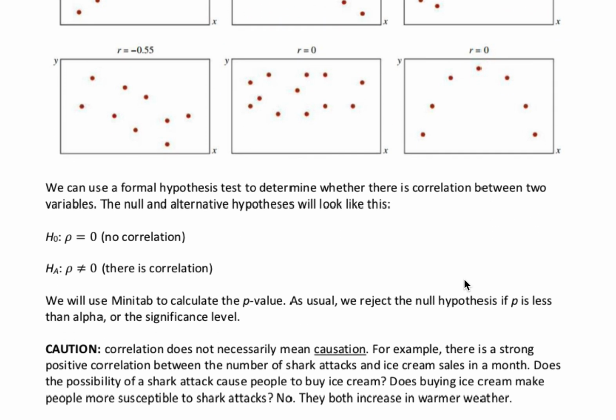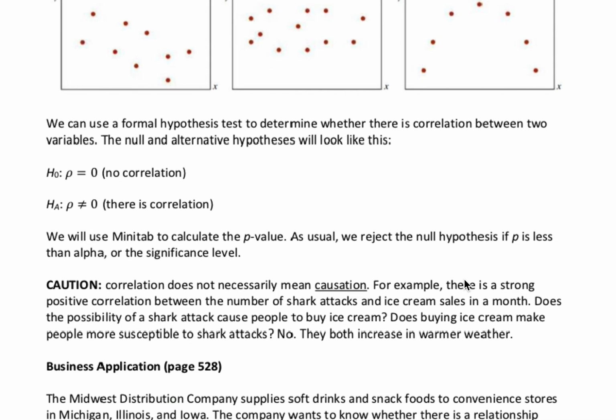We can use a formal hypothesis test to determine whether there is a correlation between two variables. And this is what our null and alternative hypotheses will be. Remember, our null hypothesis is equality, and our alternative is inequality. So our null hypothesis is that this fancy p equals 0.